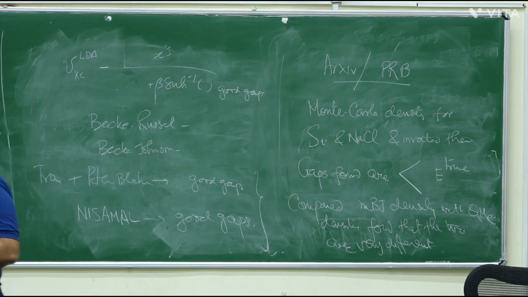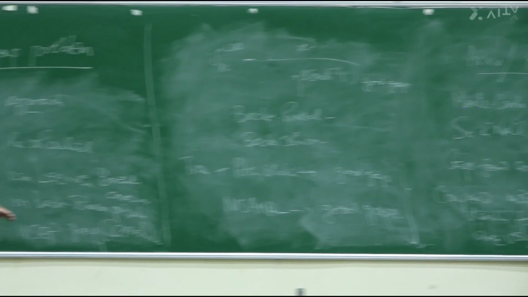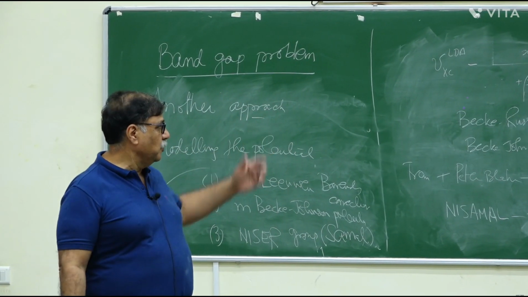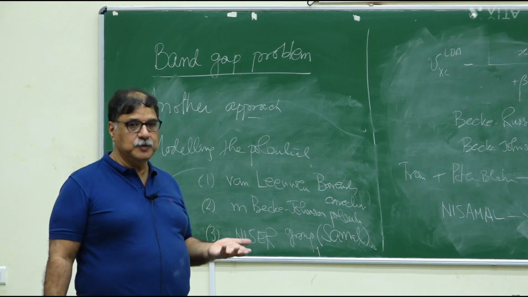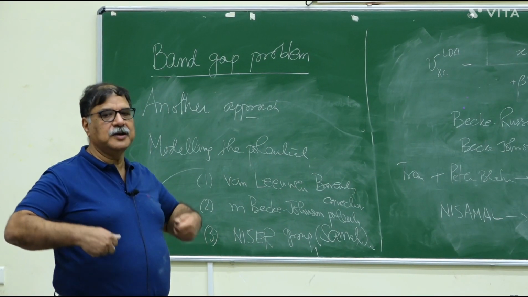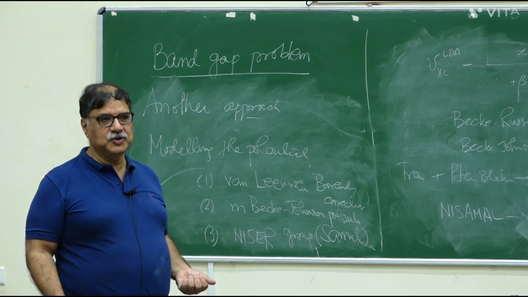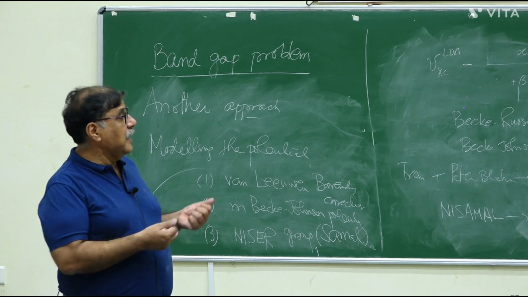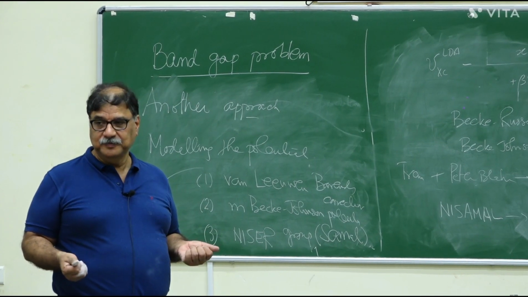So you can take a functional and get a good gap, but if you get a good gap, the densities are going bad. If you take the true density, Monte Carlo is a very accurate density, but it has been done only for these two systems, and the gaps are small. So this, I think, is going to start a new study in the direction of how to balance the band gap and density. This is as latest as I can come to band gap.